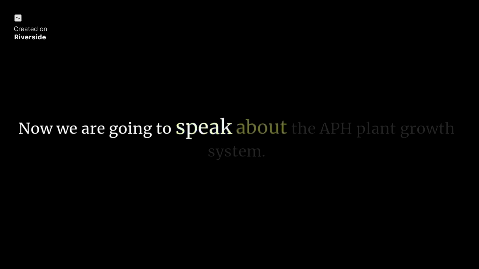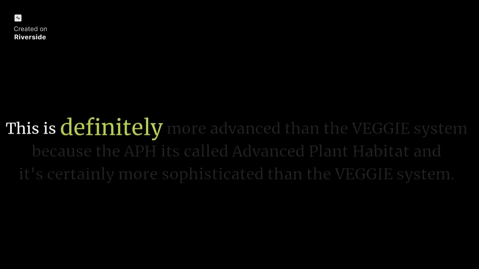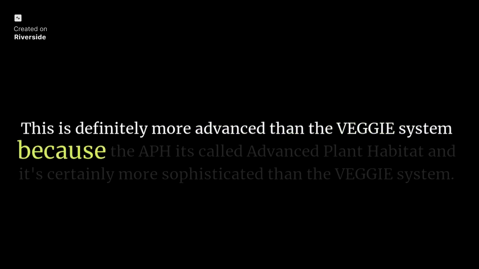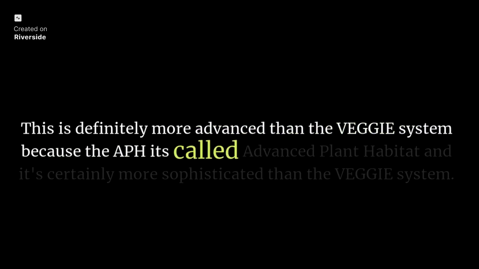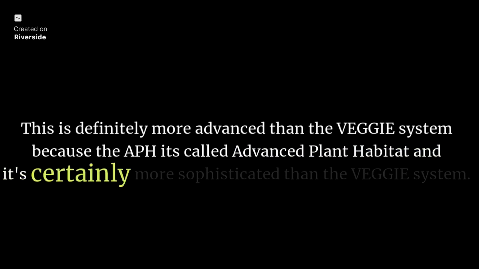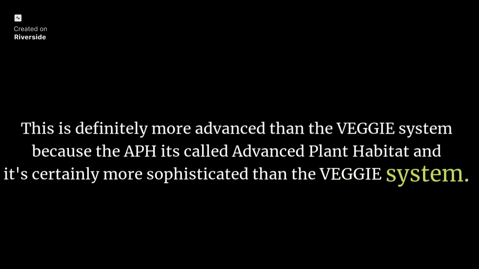Now we are going to speak about the APH plant growth system. This is definitely more advanced than the Veggie system because the APH is called Advanced Plant Habitat, and it's certainly more sophisticated than the Veggie system.